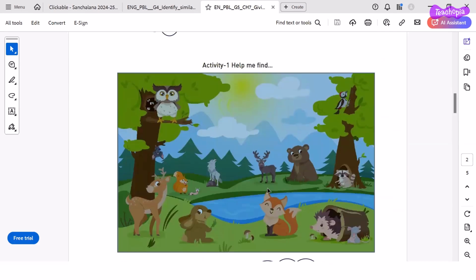So you can tell them where is the mouse or where is the deer. So they can give you an answer saying the deer is in front of the tree, or the mouse is in front of the log, or they can say the hedgehog is inside the log. So there can be different ways in which the students reply using prepositions.